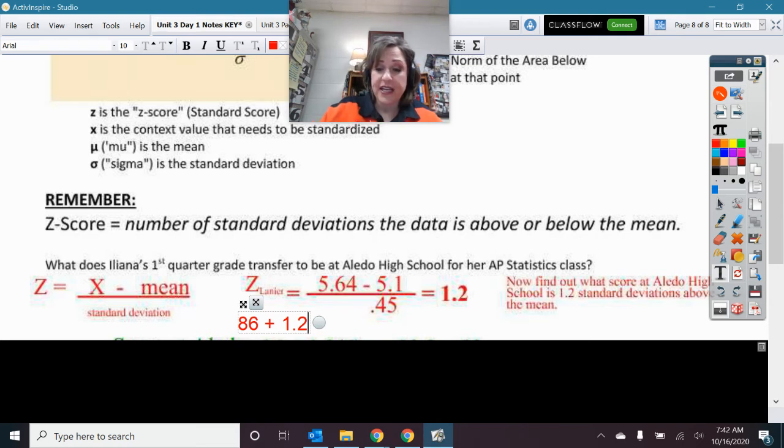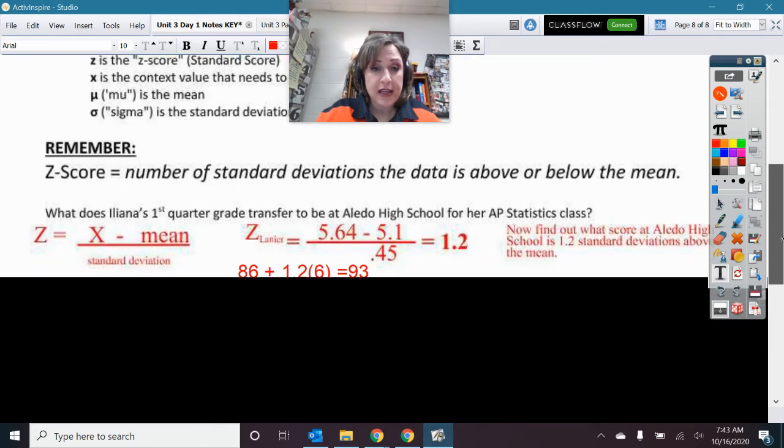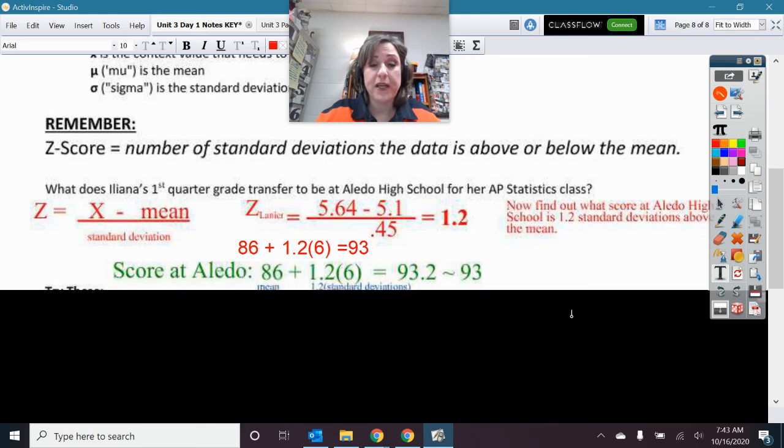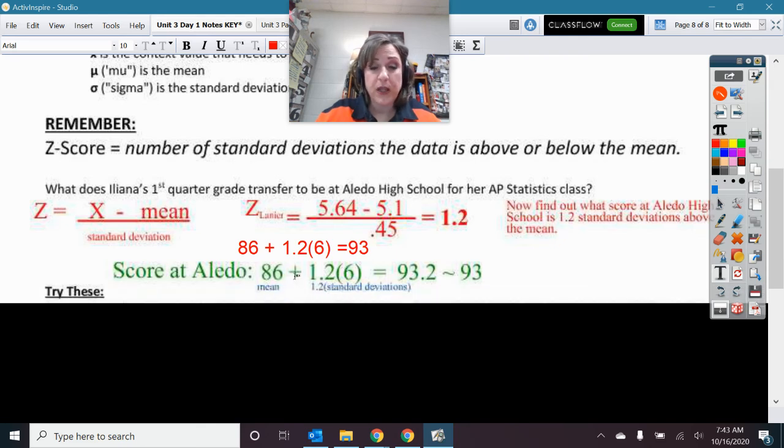And our standard deviation is 6 points. That is how we get her same relative position to her peers at Aledo High School. And that's a 93, not a 95. So again, relative to her peers, the mean plus 1.2 standard deviations gives us 93.